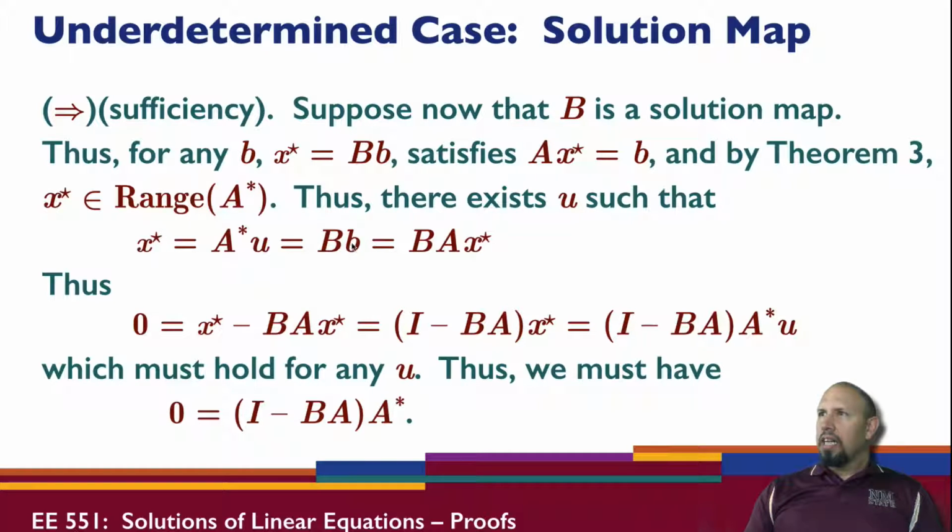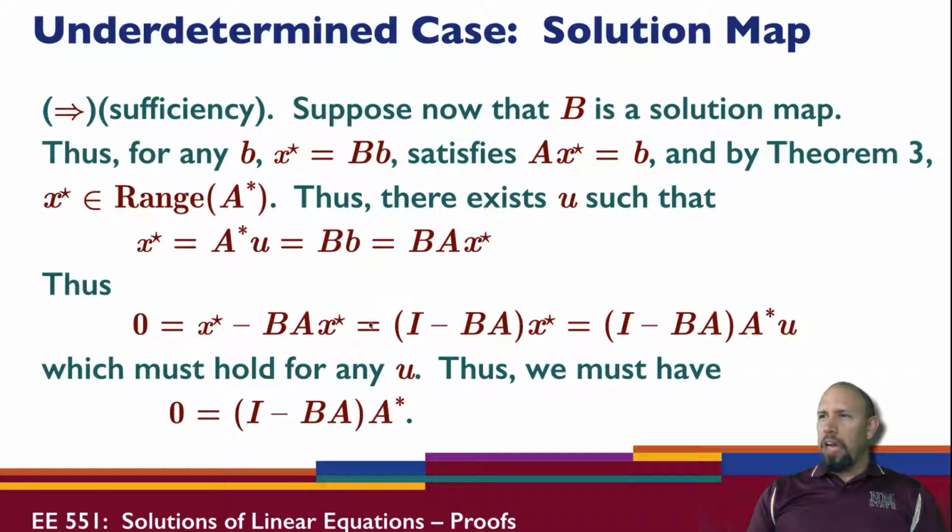But little b is equal to A times x star. If I take this over to the other side, 0 is equal to x star minus BA x star. I can factor out x star on the right and get this. But x star is equal to A adjoint times u, and this is equal to 0. This equation must hold for any u, and therefore the matrix itself must be equal to 0. So we have the same kind of thing like we had before.